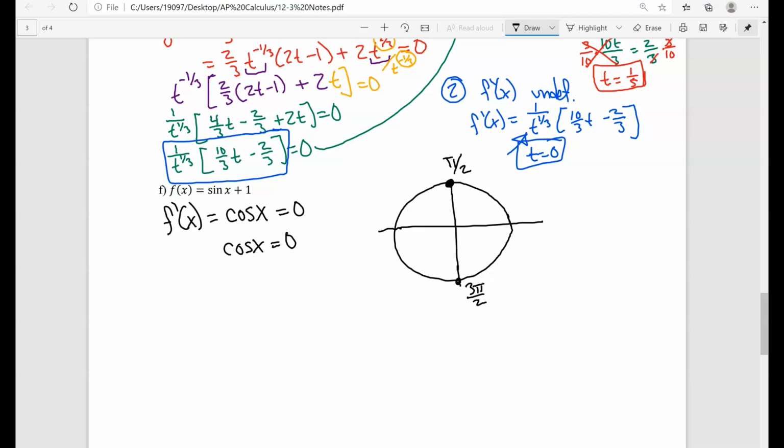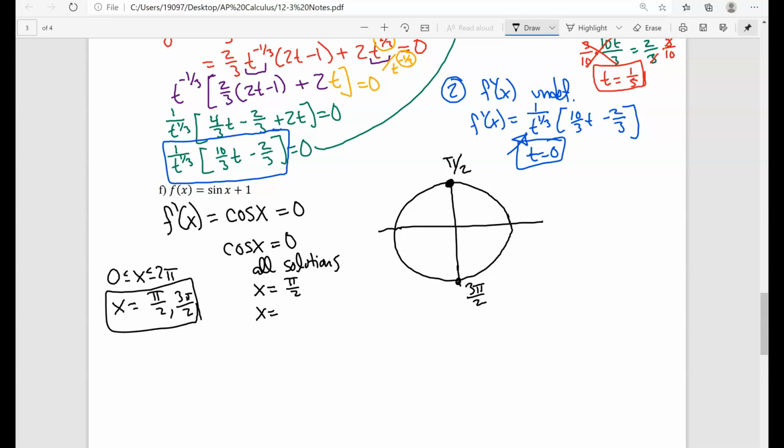So notice if we're looking at every single point, not just on the unit circle, so if I only wanted the points from 0 to 2 pi, then my critical points would be pi over 2 and 3 pi over 2. This would be the answer. If I wanted all the solutions, then I'm going to add 2 pi k to both of them.